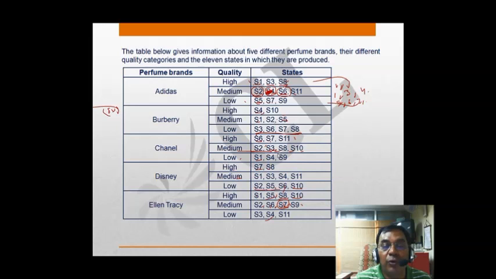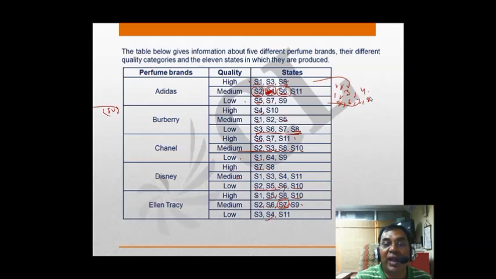Low is here. High is there. Medium is here. So 8 gone.